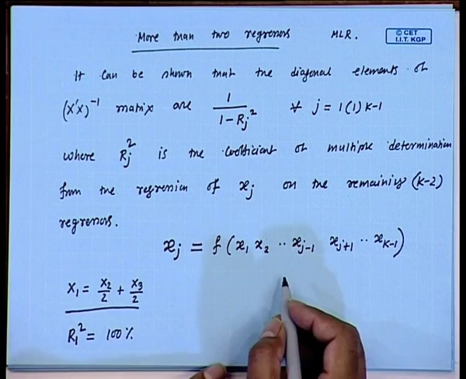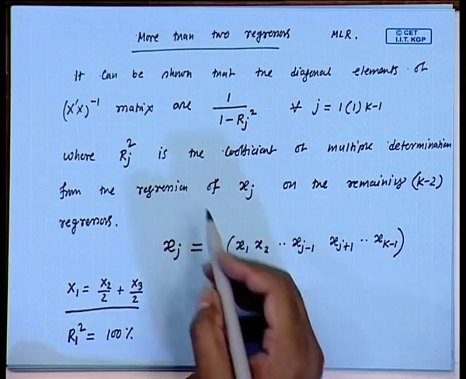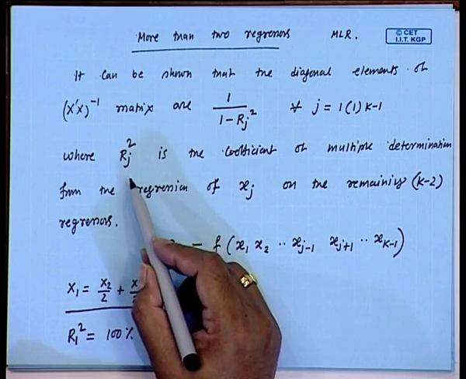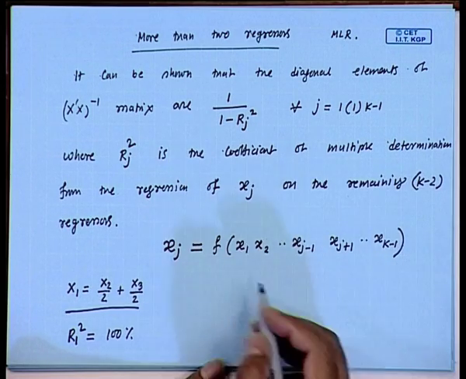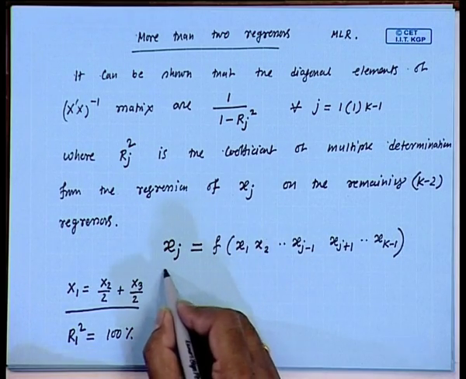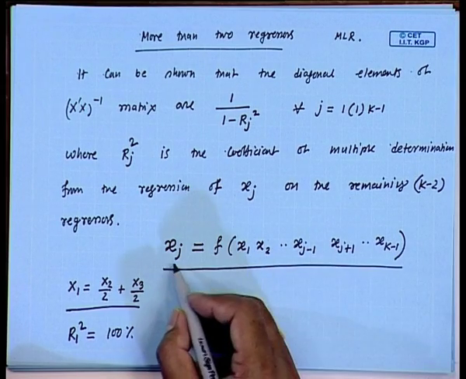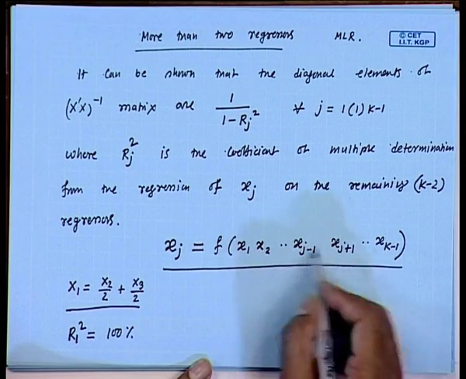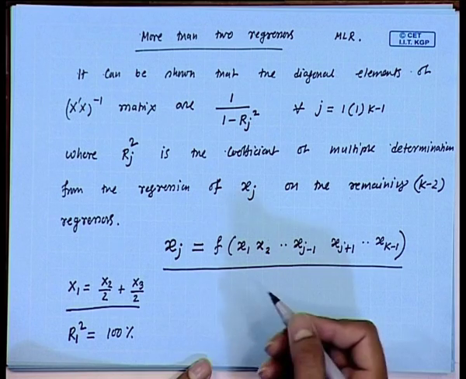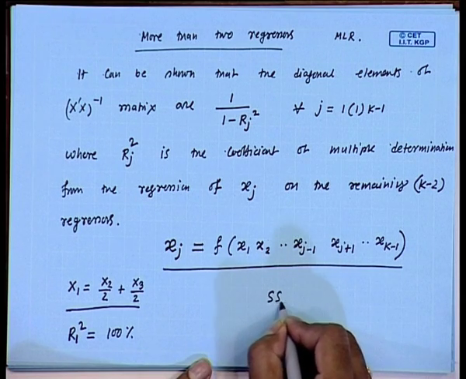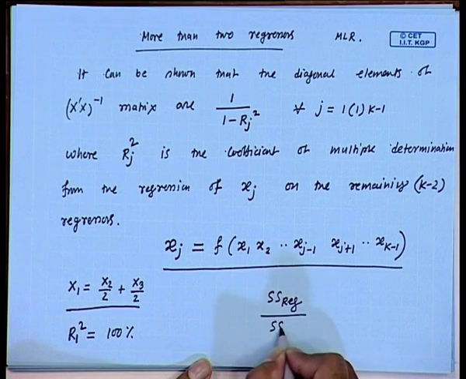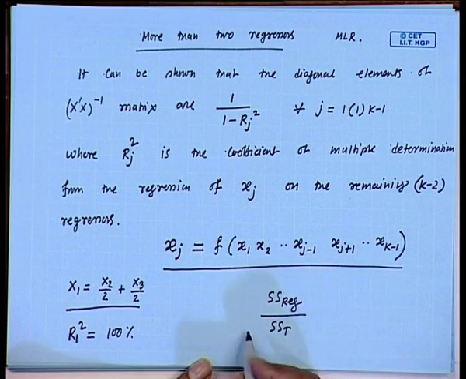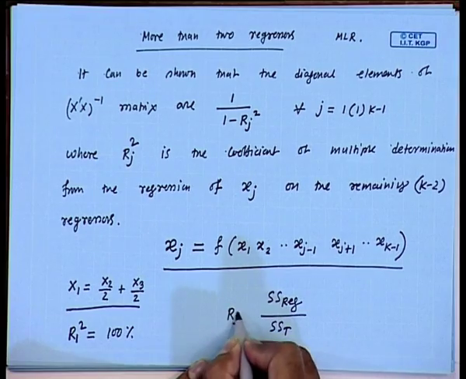Now I hope you understood what Rj square is. Rj square is the coefficient of multiple determination for this regression model. You fit the model, express Xj in terms of the remaining regressors, compute SS regression and SS total, and you get Rj square.